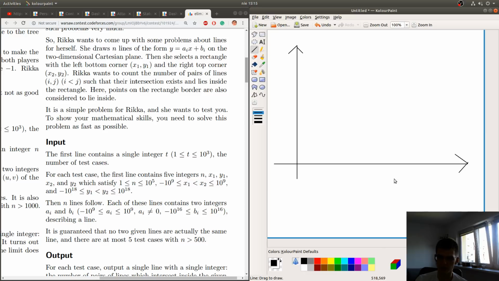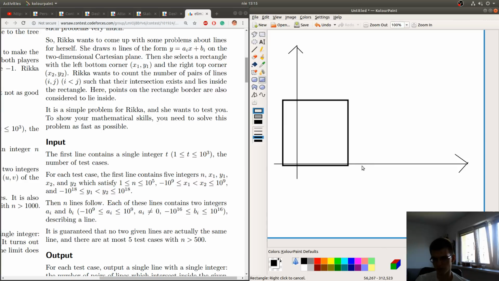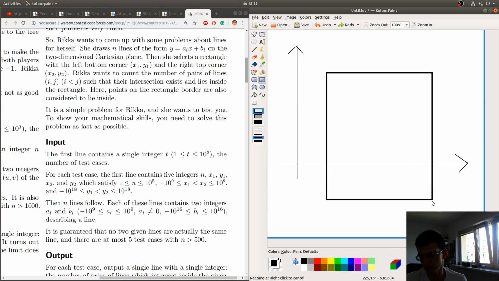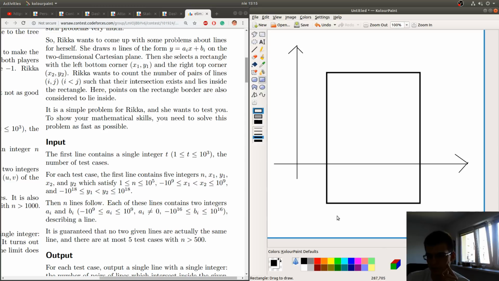This is the x axis and y, and we are given a rectangle, an isothetic rectangle, which means that the sides of this rectangle are parallel to the axes, so a rectangle like this is impossible.